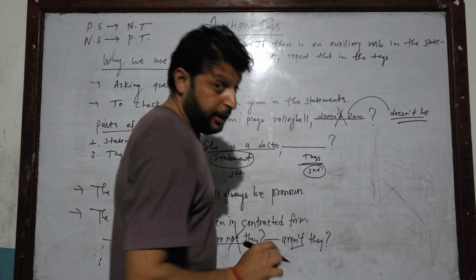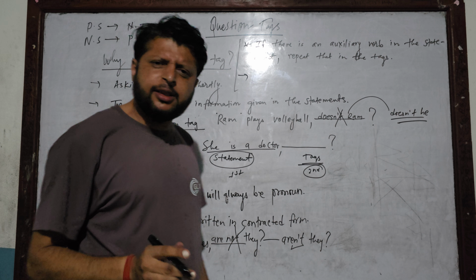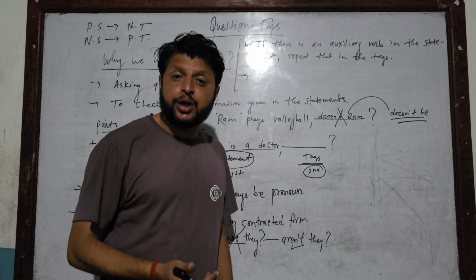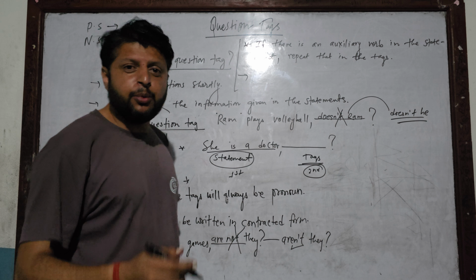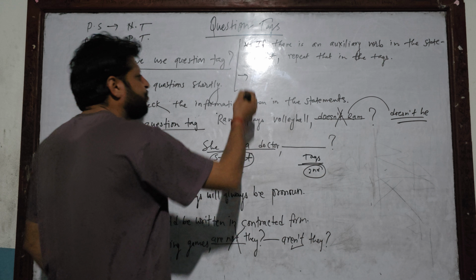Like, for example, you see here auxiliary verbs. You know auxiliary verbs, right? There are 24 auxiliary verbs altogether. So whenever there is an auxiliary verb, we repeat the same auxiliary verb in the tags to make question tag. Right.